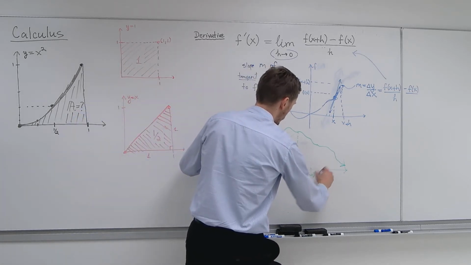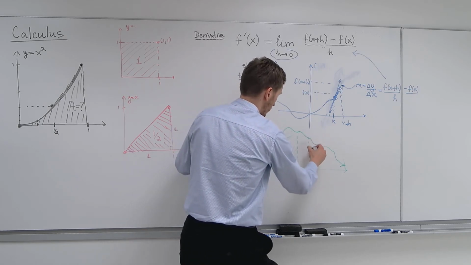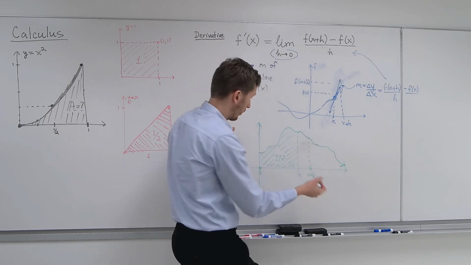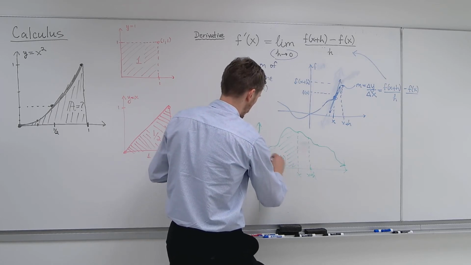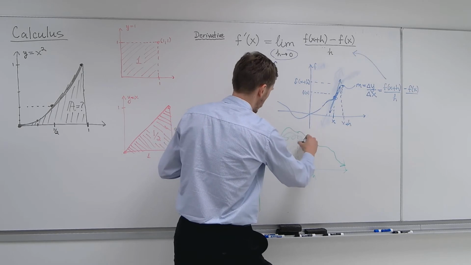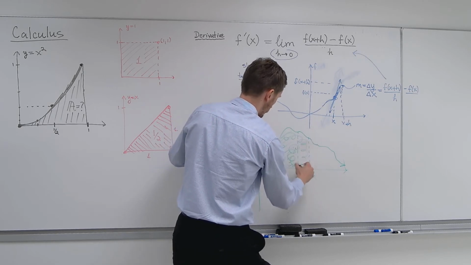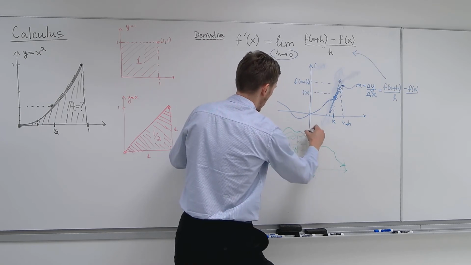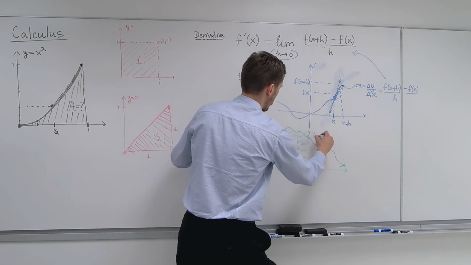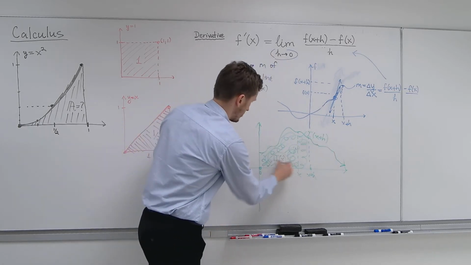We're going to limit h going to 0 eventually. This area, all the way to here, is going to be I of x plus h. So the area of this is I of x.